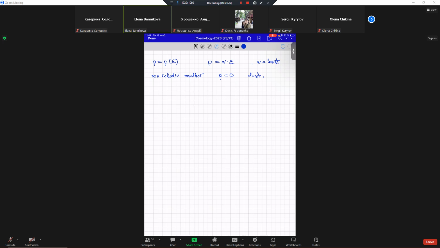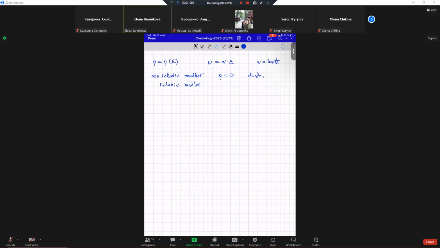The second: if we speak about non-relativistic matter, we also need to have relativistic matter. Relativistic matter, first of all, is radiation, so this is photons.